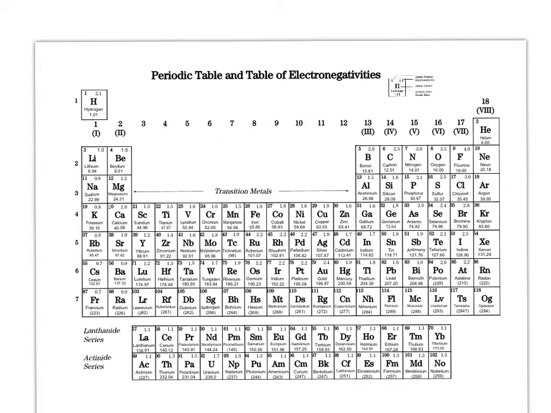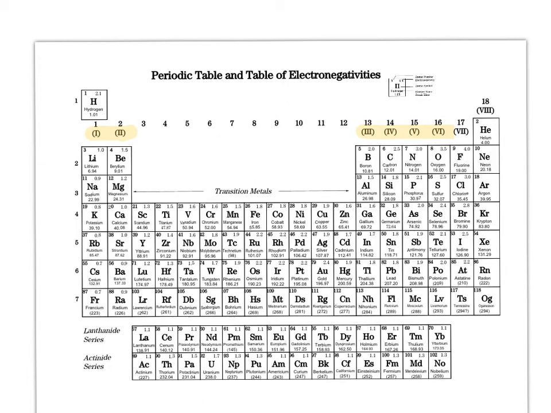Now on the periodic table, there are 18 groups, and the number is usually right on top of the column. There's some Roman numerals highlighted in yellow. That's for the main group elements, just the main group elements.